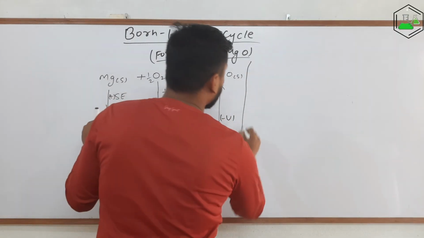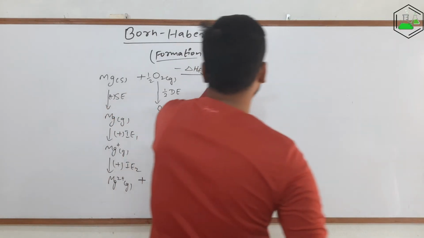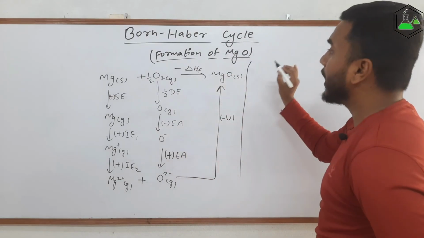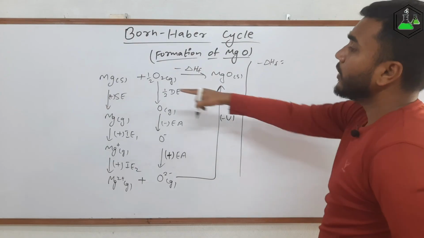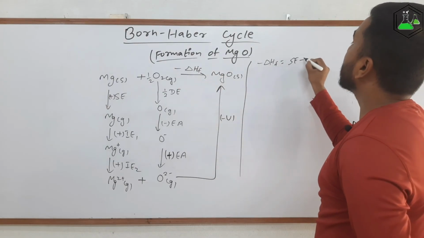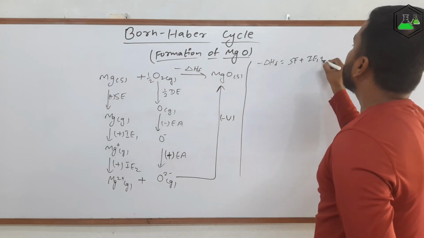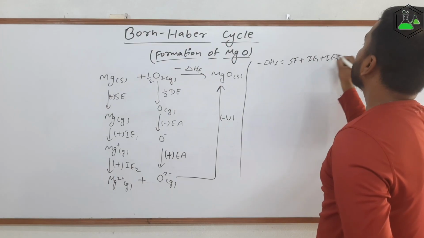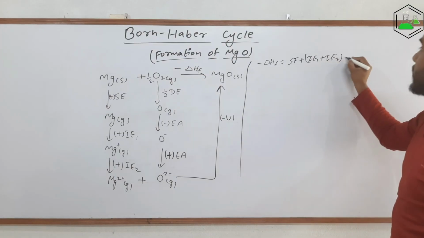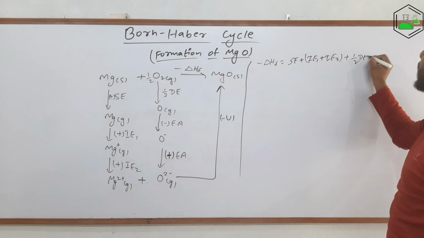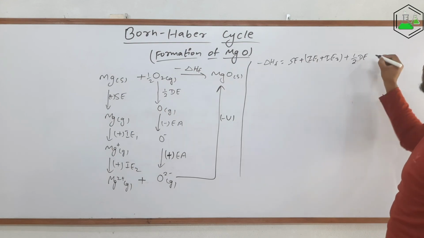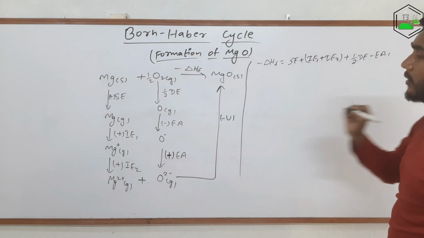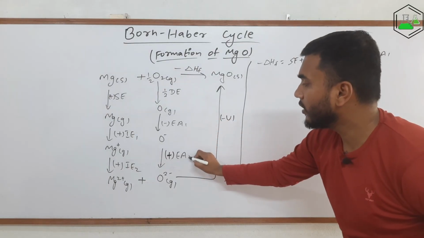Now the final expression for the Born-Haber cycle for the formation of magnesium oxide will be how much? Minus delta HF is equal to SE plus IE1 plus IE2 plus half dE, that is 1 by 2 dE. dE means dissociation energy, minus EA1, this is 1, this is 2, okay.